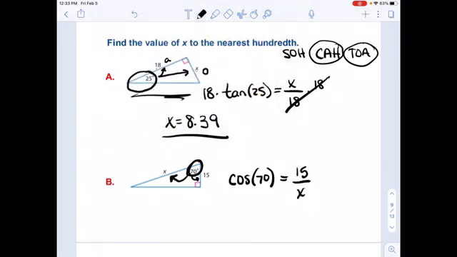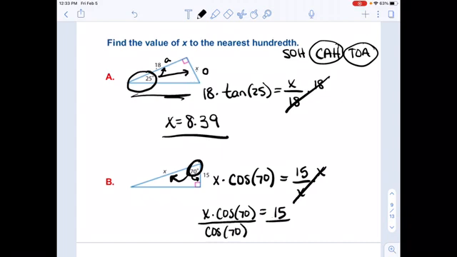Follow along here. I go ahead and I multiply x up. So it's not in the denominator anymore. So I have x times cosine of 70 is equal to 15. Now I still do need to get x by itself, so then I divide cosine of 70 on both sides and get my solution.